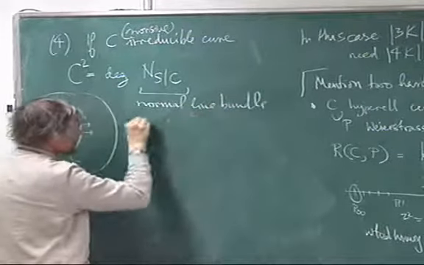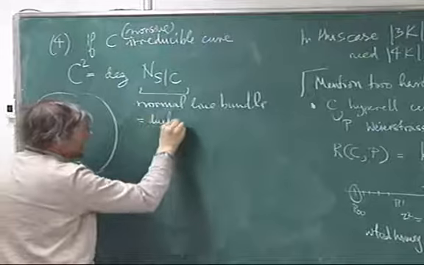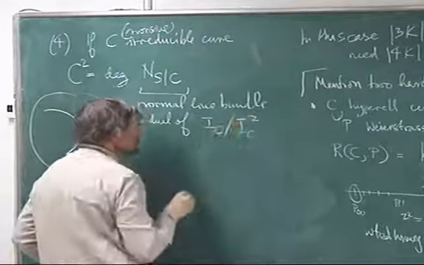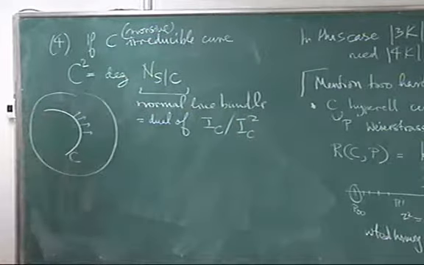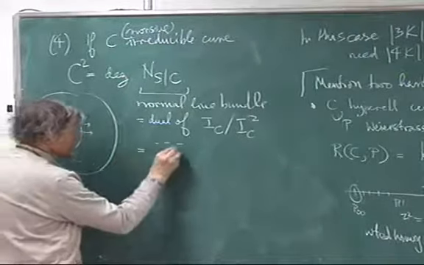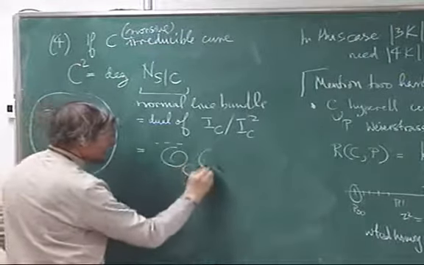Or it's the dual of I_C modulo I_C squared, etc. Different interpretations. Or it's the line bundle O_C(C).